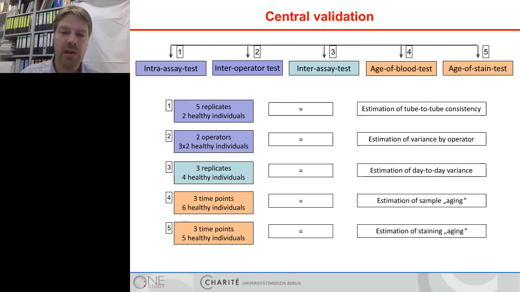This additional biological variance increases the CVs for this test. The stability is tested for the matrix, so you are looking at the aging of your whole blood, and you are also interested in the aging of your stained samples.